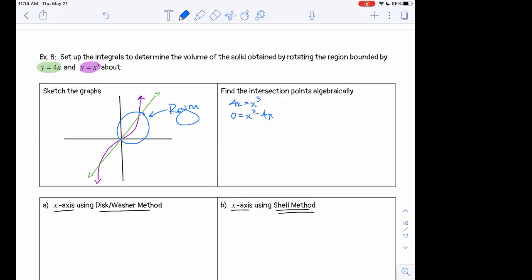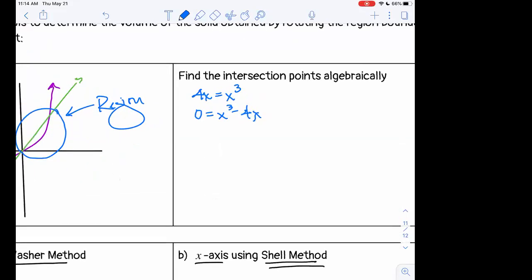All right, and I'm going to look to factor this. And I'm going to look to factor this again. Okay. So what that means is there are 3 intersection points.